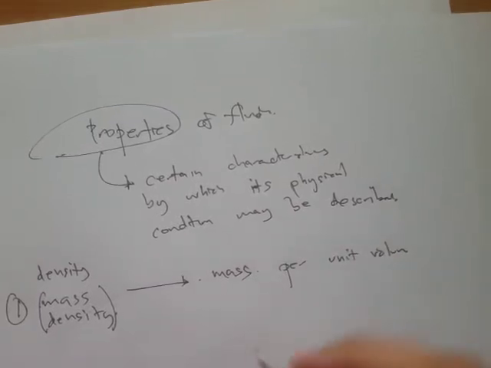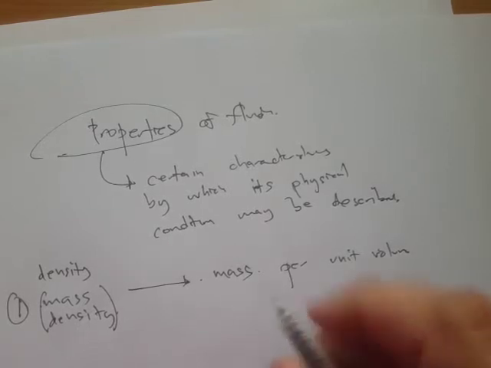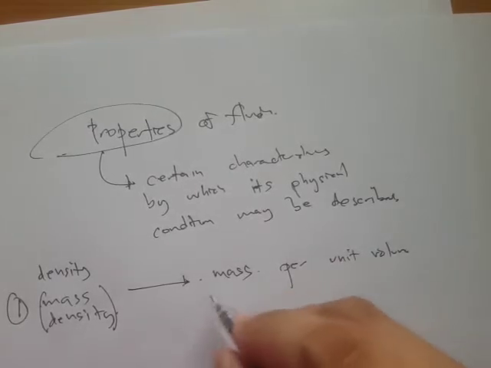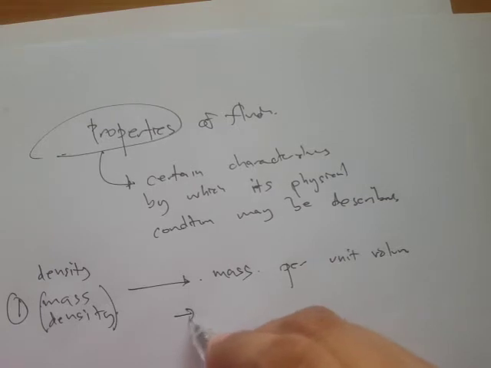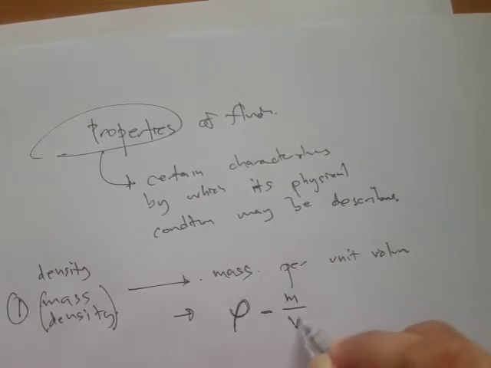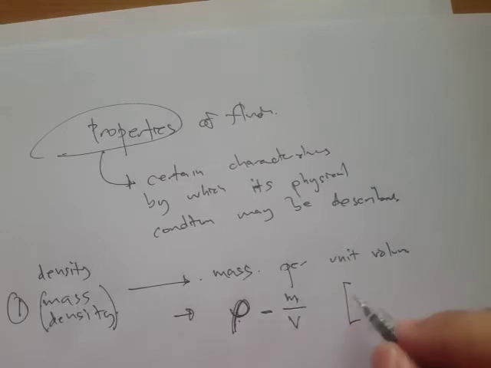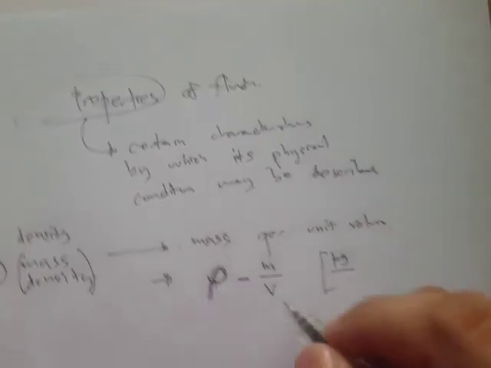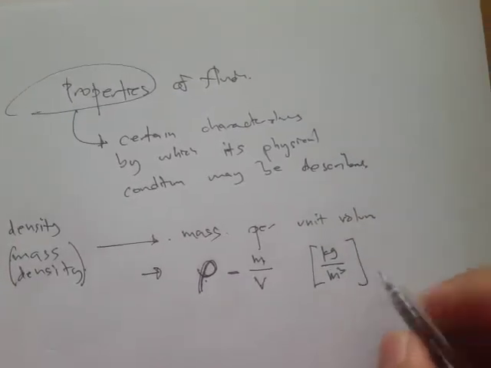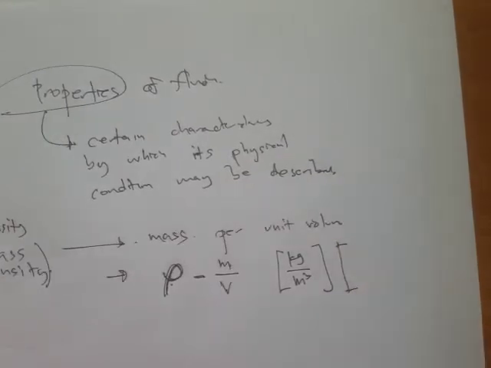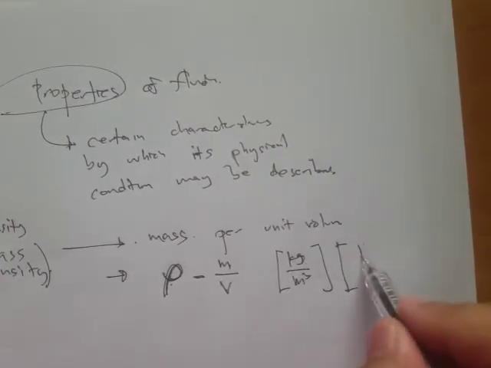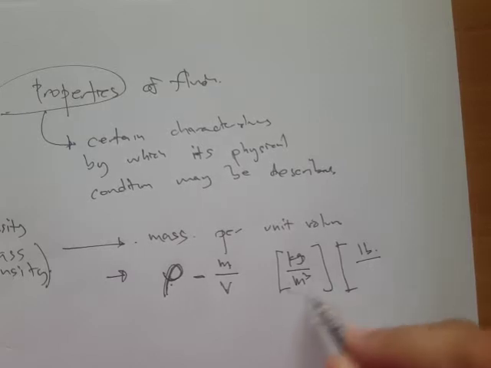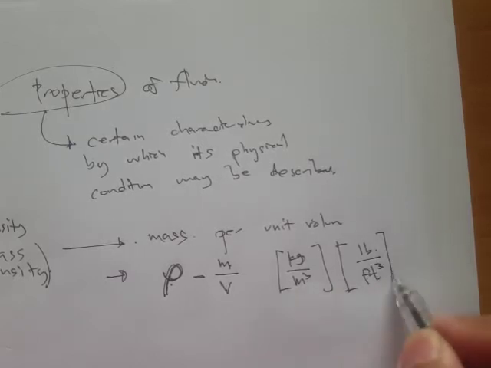If we express this in terms of equations, we have rho equal to mass per unit volume. The units in SI are kilogram per meter cube, and in English units, pounds per feet cube.